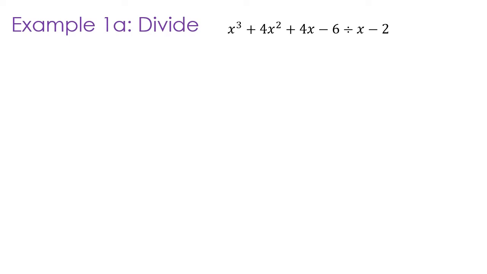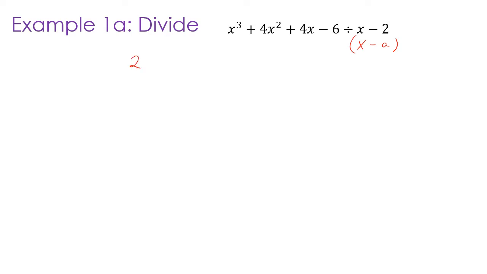Divide, and if I see x minus a, that means you can use synthetic division. If long division is your preference, you can use long division, but I'm going to just review synthetic.